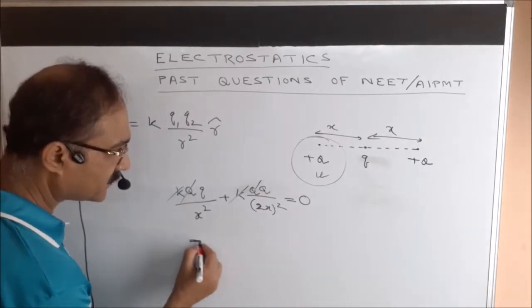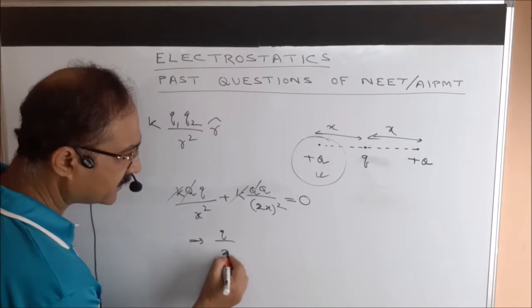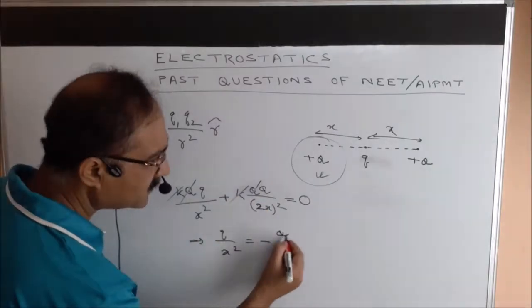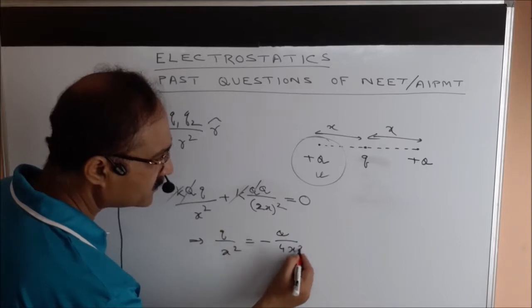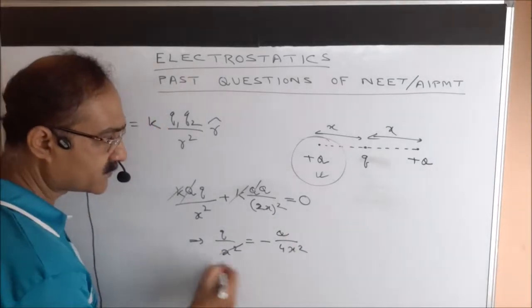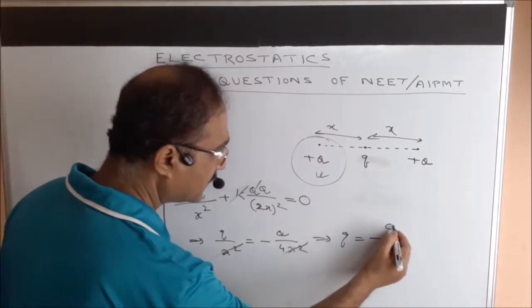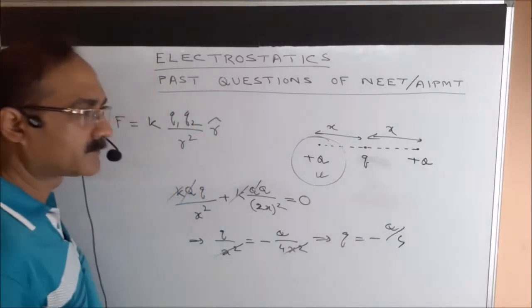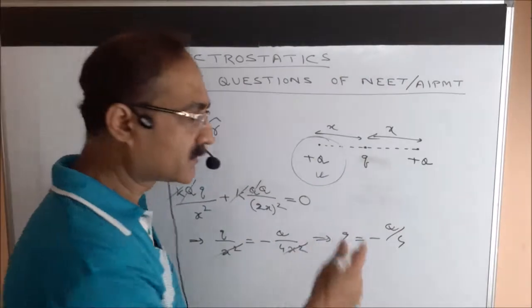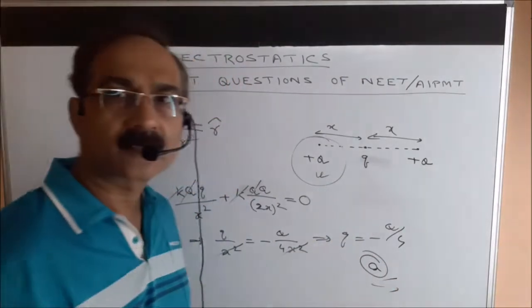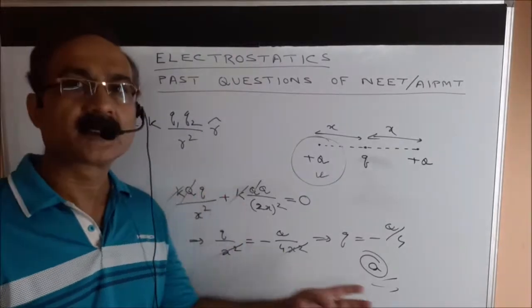From here, we will get q by x square equal to, if I transfer it there, minus capital Q by 4x square. So x square cancels out. So what we get? q is equal to minus capital Q by 4. And that is option A. So the correct option for this question is A.